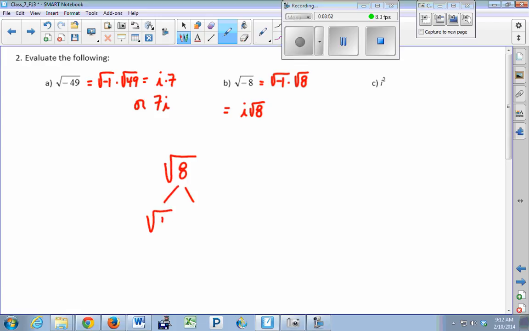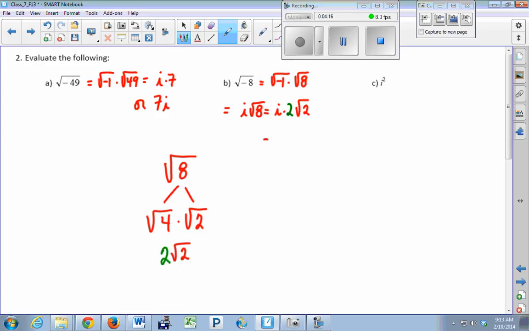It has the factor 4. You can write the square root of 8 as the square root of 4 times the square root of 2, because 4 times 2 is 8. The square root of 4 is a perfect square, so you can write that as 2, but the square root of 2 is irrational. So this is i times 2 square roots of 2.